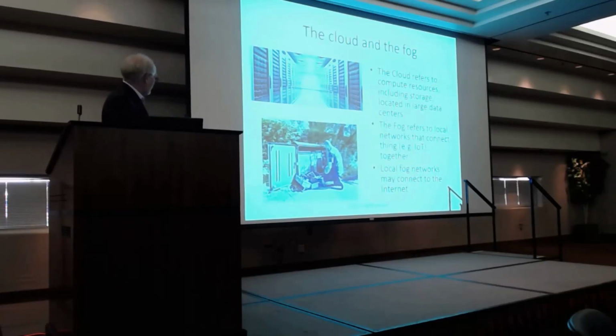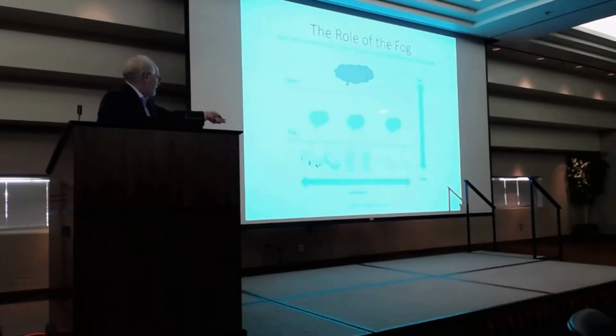And the fog is the thing that's on your street corner. It's the edge networks, which generally don't have good environmental controls. So whatever the weather is like, they have to deal with that. And that's what a lot of that infrastructure communication, the smart city type communication, will be, to interact with vehicles. And it may or may not connect with the internet. It definitely will connect between different types of devices.